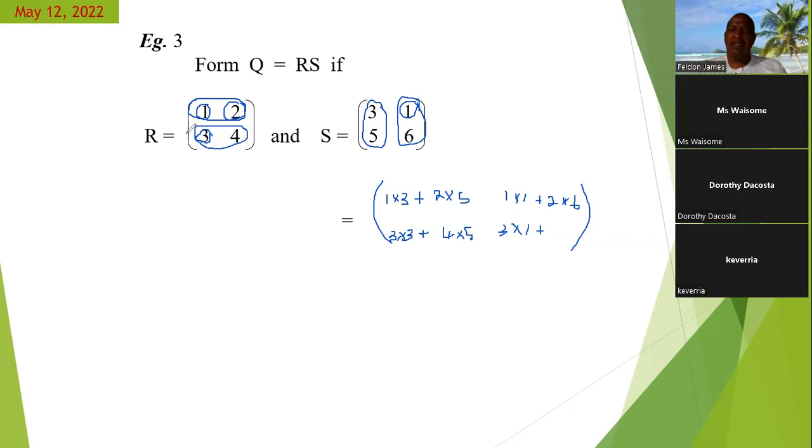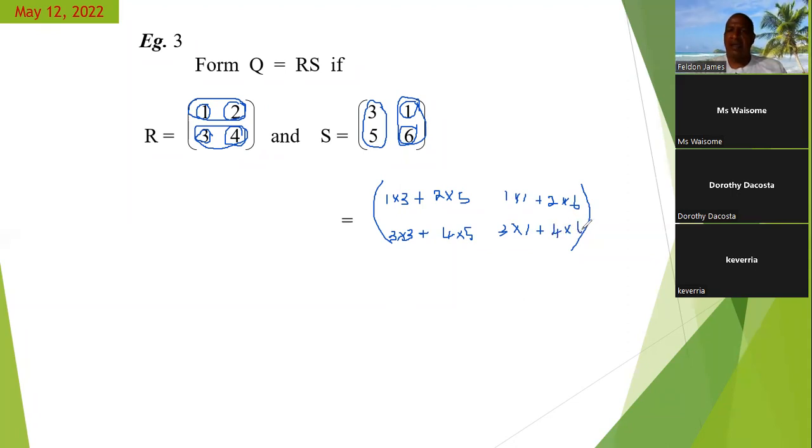Look at the numbers in the second row here. What are the numbers in the second row? 3 and 4. Right. So if we use the 3, which other one are we going to use? The 4. So what are we going to multiply with the 4? 4 times 6. Correct. So we would have 3 times 1 and 4 times 6.